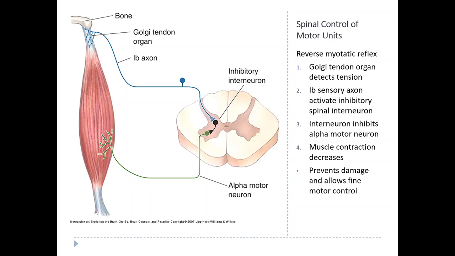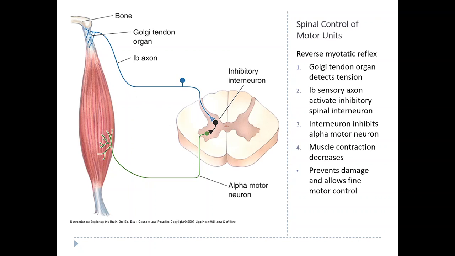It basically is a negative feedback loop: once the tendon is stretched or experiences tension beyond a certain point, it inhibits the muscle and removes that tension by causing the muscle to relax. So that's why we call it the reverse myotatic reflex, because the myotatic reflex causes muscle to contract in response to the stretch receptors in the muscle spindles, whereas in this case the tendon organ is inhibiting the muscle in response to tension in the tendon.